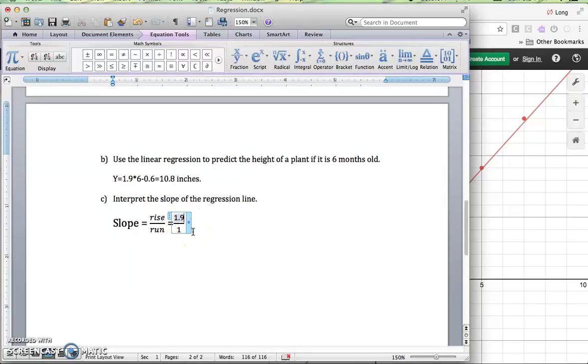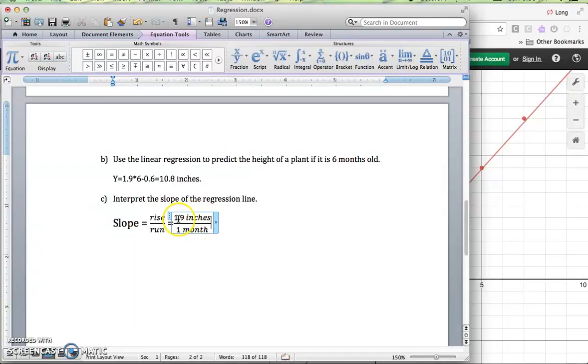Now 1.9 represents the rise, which is the height in inches, so this is 1.9 inches, and the run is 1 month. The y is the height, and the x is the age.